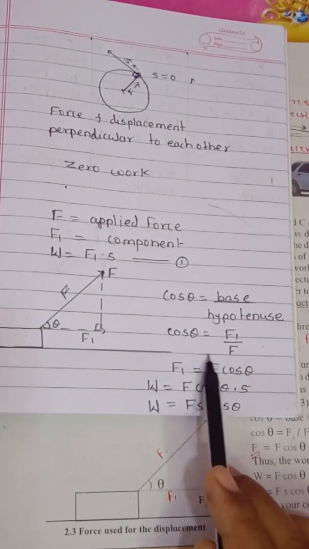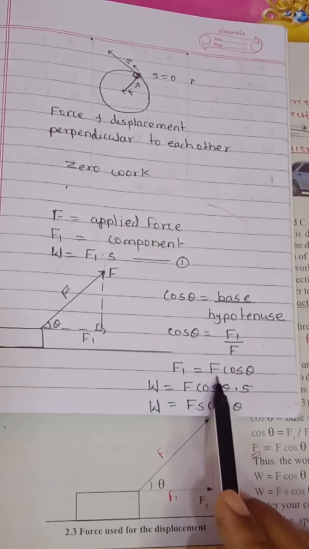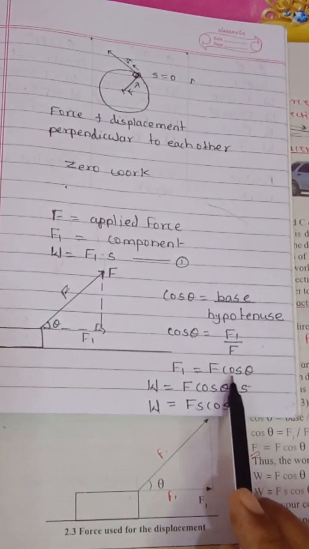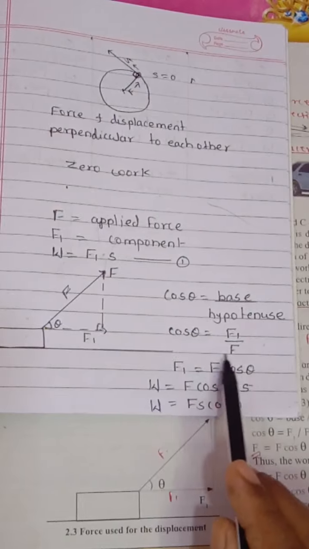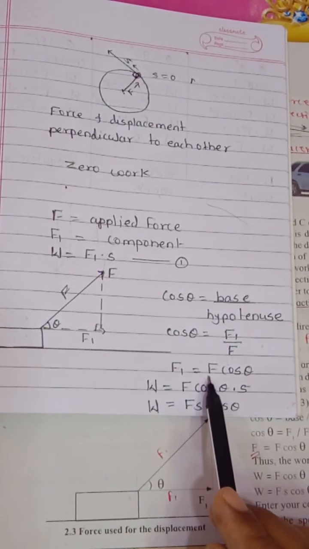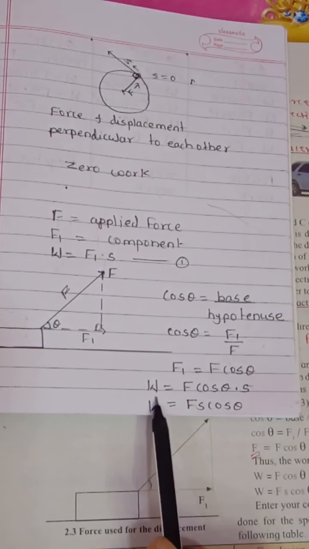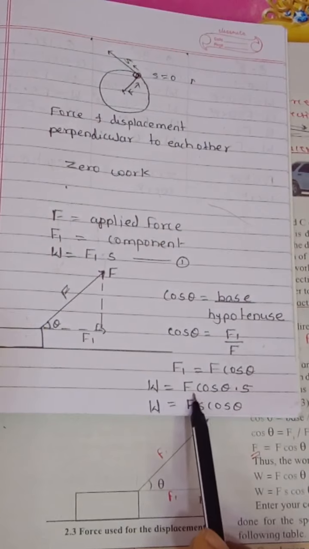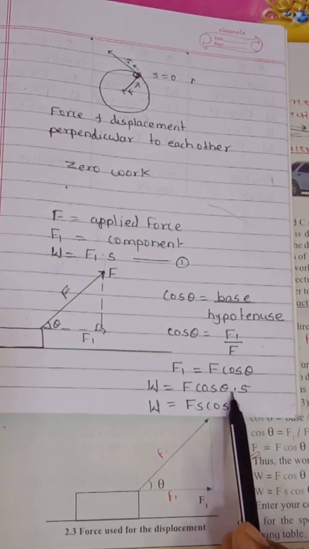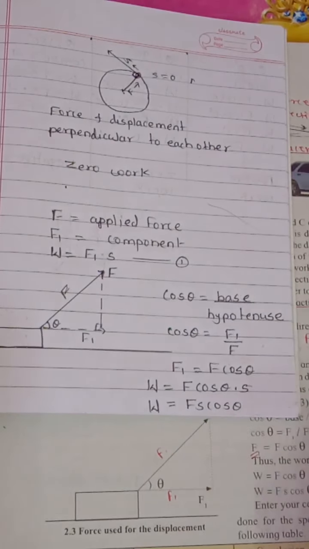When F goes to this side, the formula becomes F1 equal to F into cos theta. When we put this value of F1 in equation 1, the formula of work becomes W equal to F cos theta into S, which means work is equal to Fs cos theta.